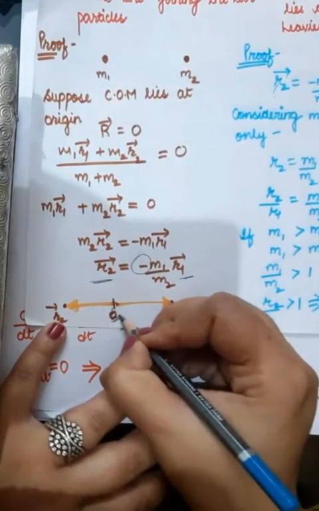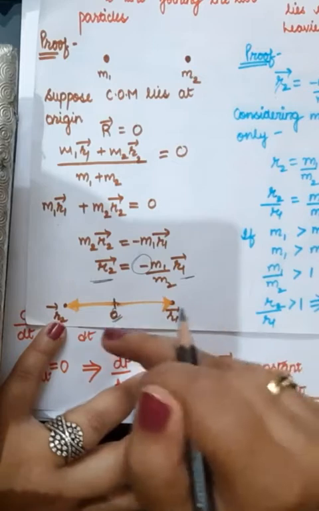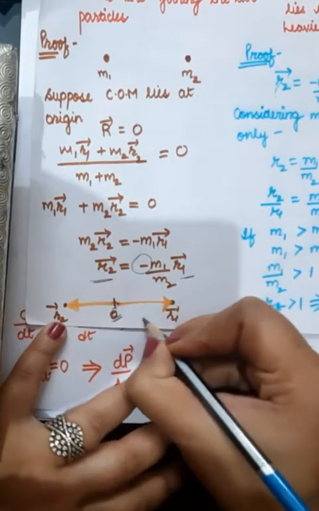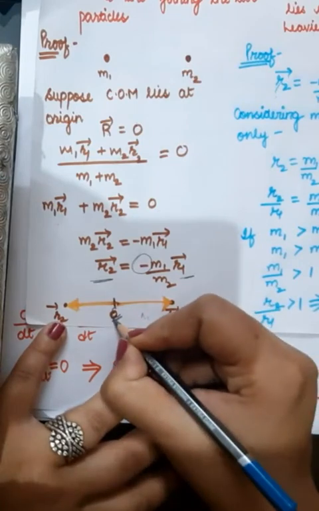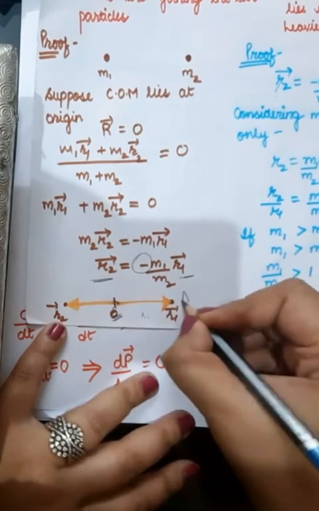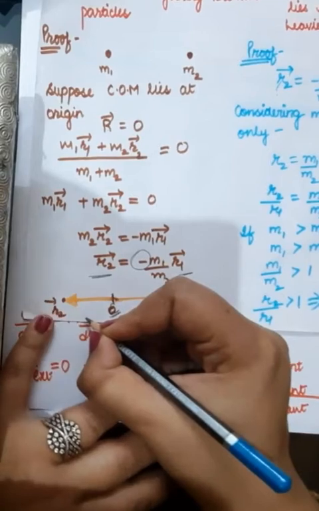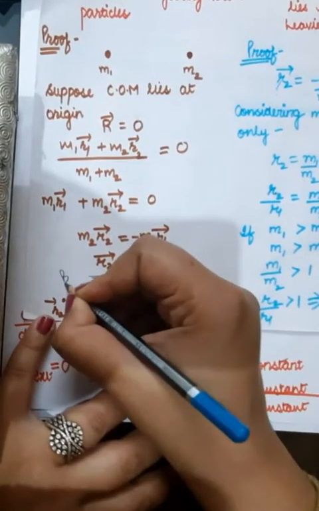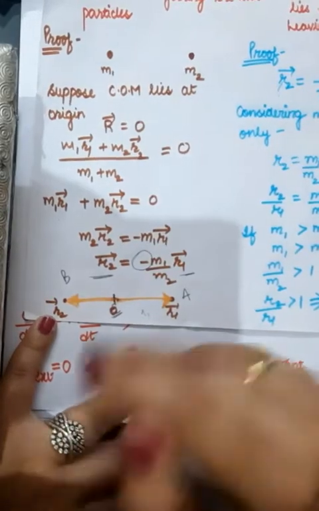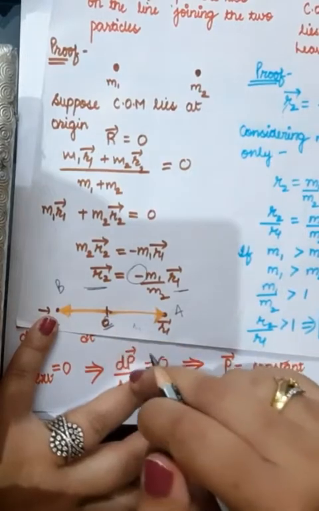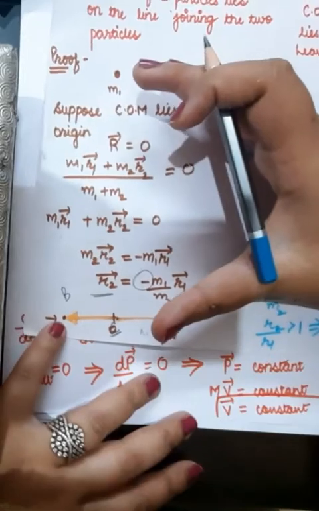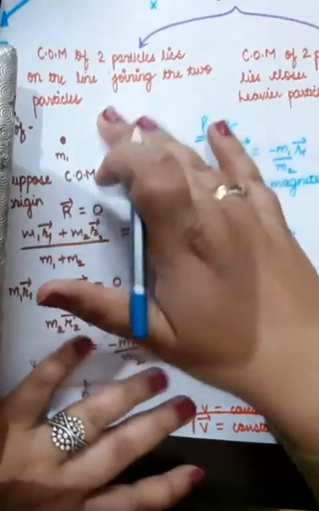So this means center of mass is somewhere lying on the line which is joining the two particles, because r1 vector was the distance of the decided origin and particle A, and r2 vector was the distance between the decided origin and the particle B, isn't it? So the line which is joining A and B, the center of mass is lying there. So by this derivation, we have proved that. Okay. So this was the first conclusion.